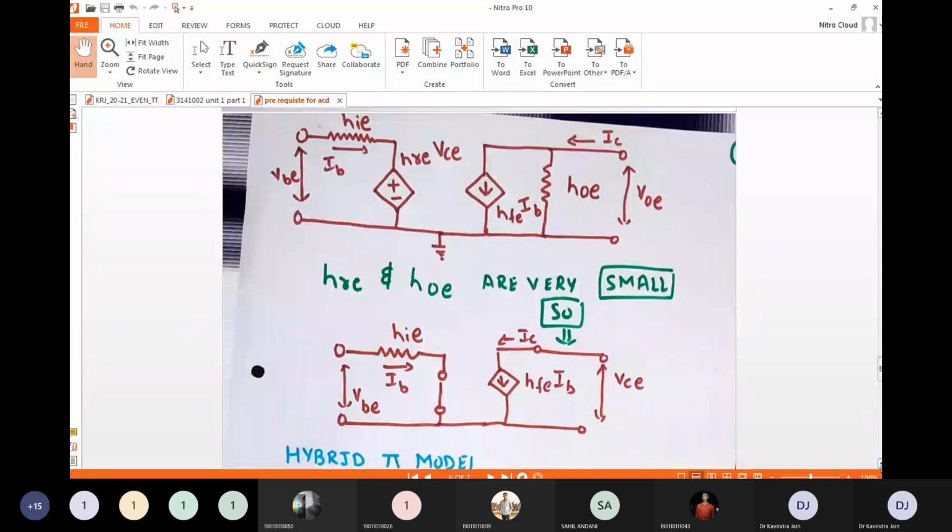Please draw the modified circuit because HRE and HOE are very small. Once you draw the circuit, please let me know.